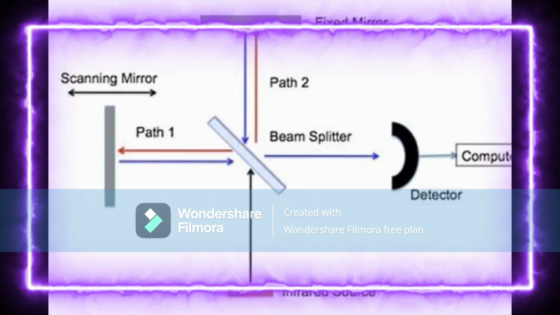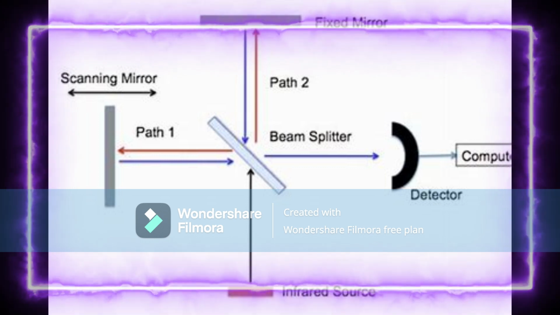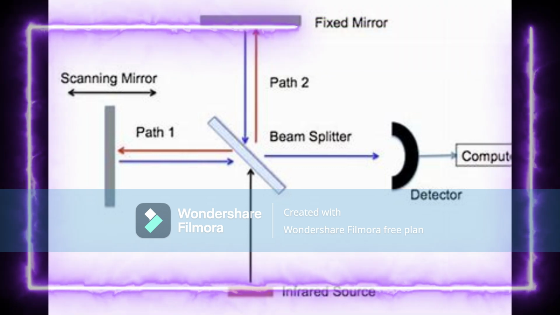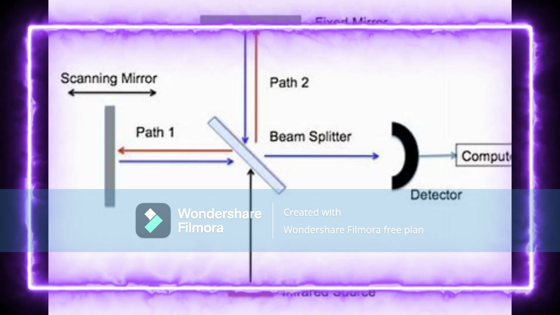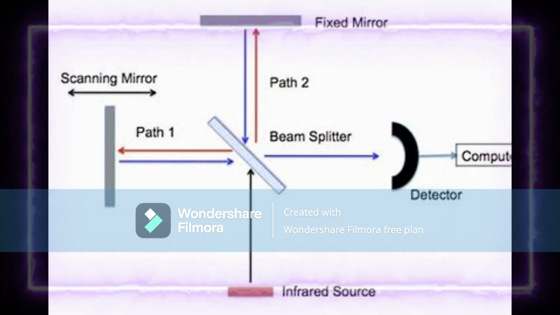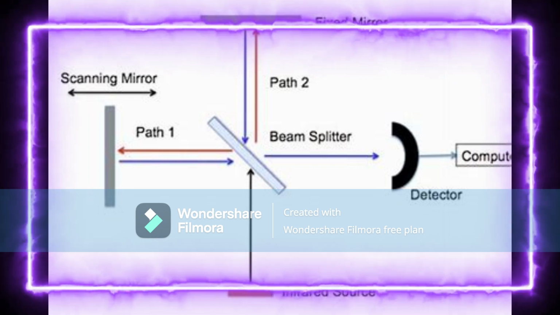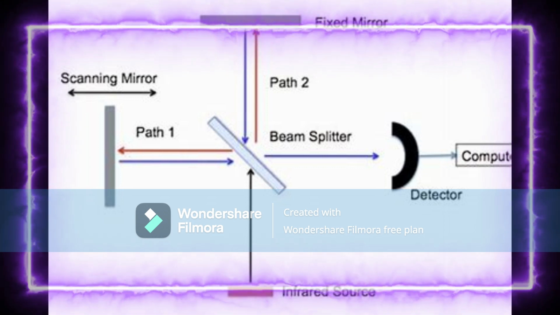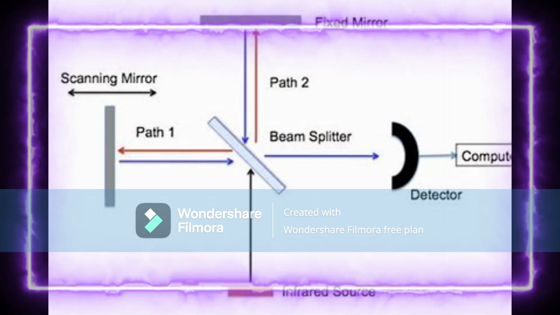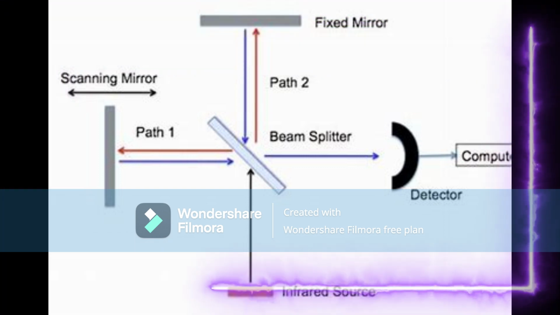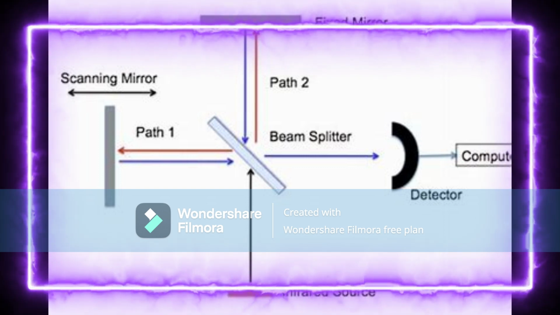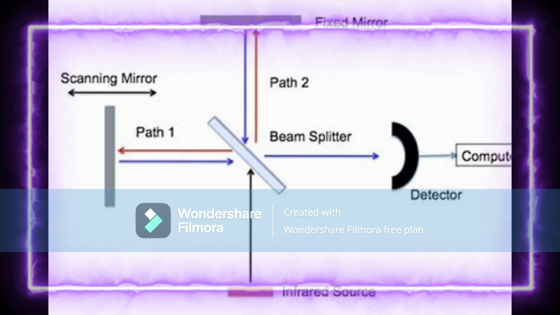Theory of FTIR. Fourier transform infrared FTIR spectrometry was developed in order to overcome the limitations encountered with dispersive instruments. The main difficulty was the slow scanning process.